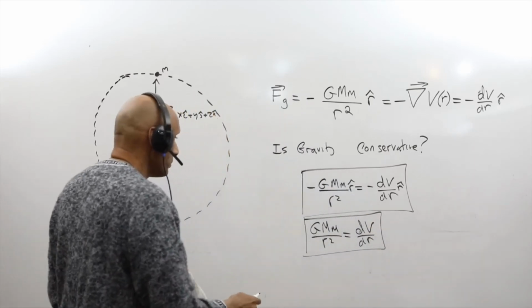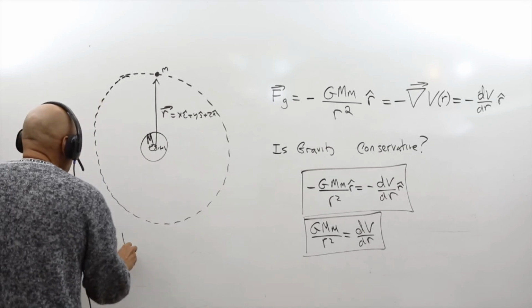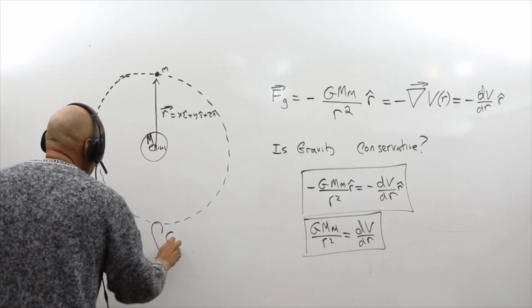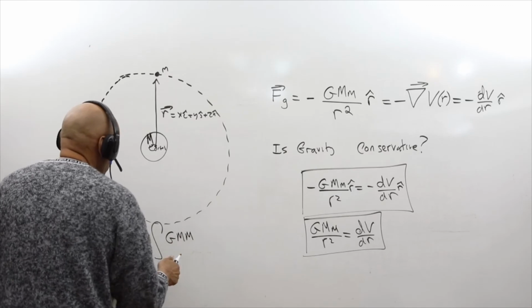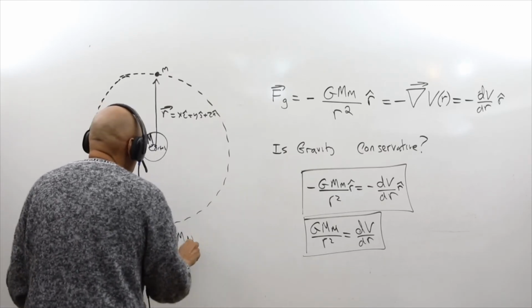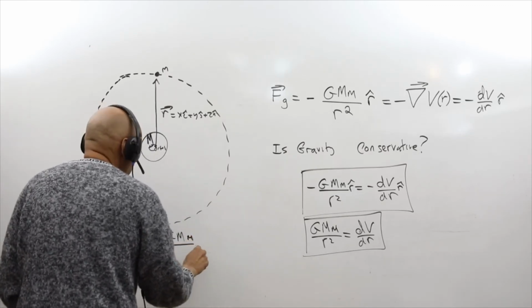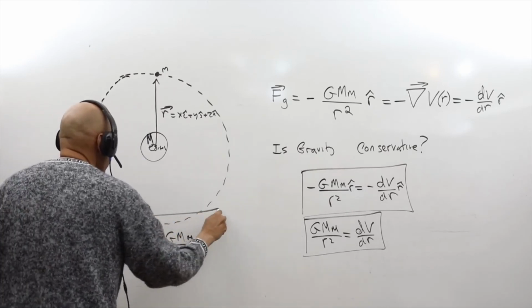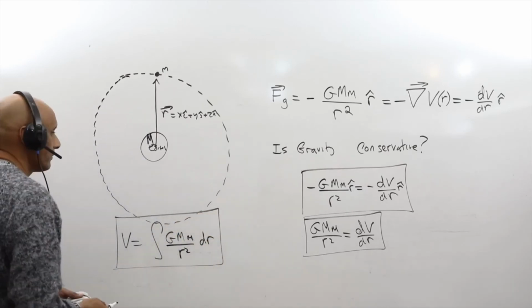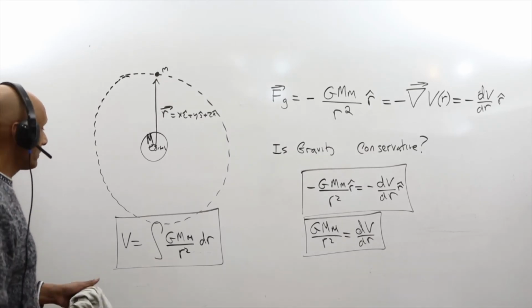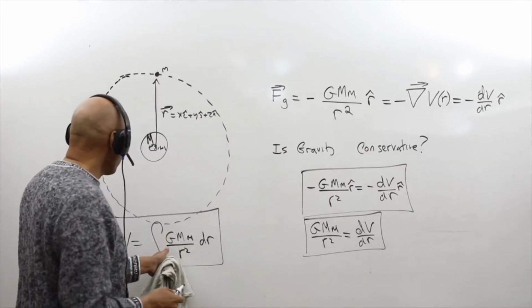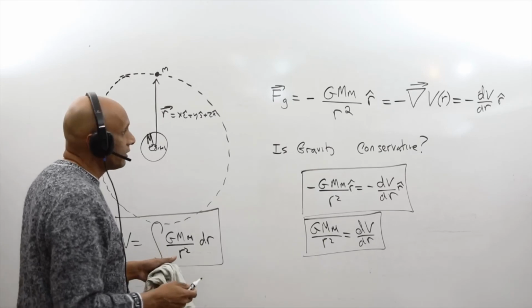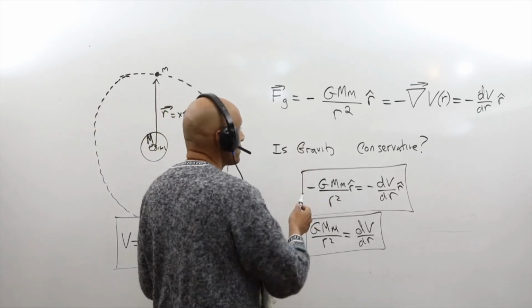Simply put, V is nothing more than the antiderivative of G M m, with M the mass of the Earth, over r squared dr. So once I can find this value of V, then I know that gravity is a conservative field.